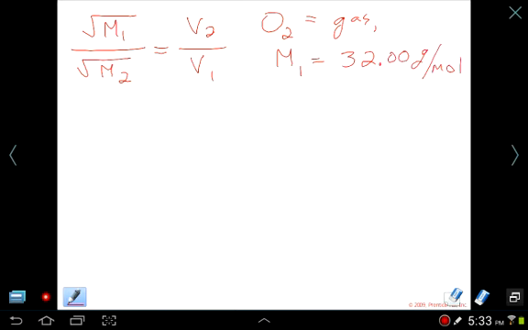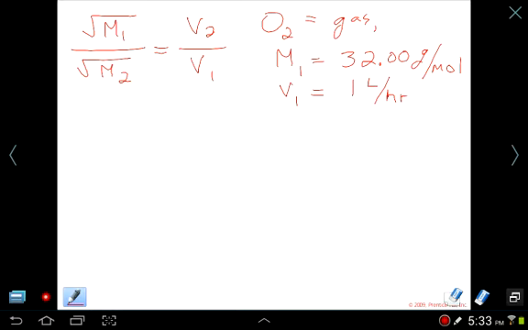We can also say that the velocity of oxygen in this case is 1. Whether we're measuring liters per minute or liters per second doesn't really matter, because both of the units will cancel out as is written here.